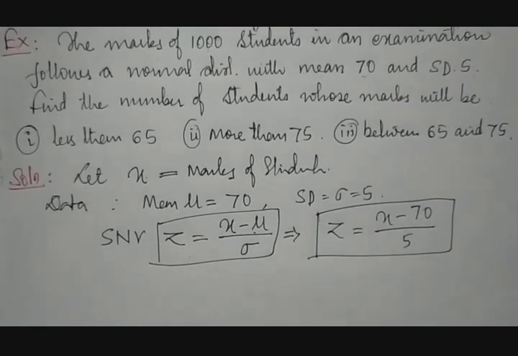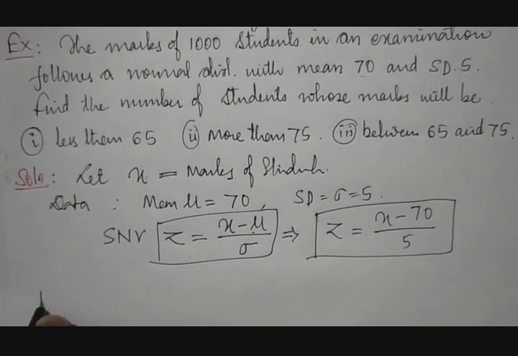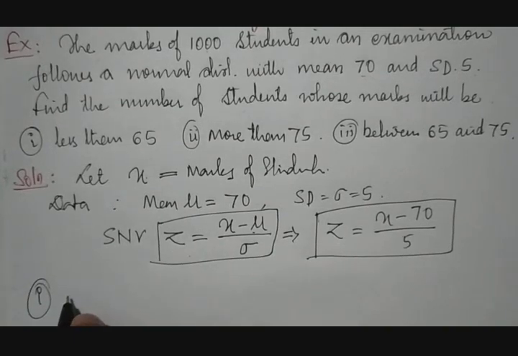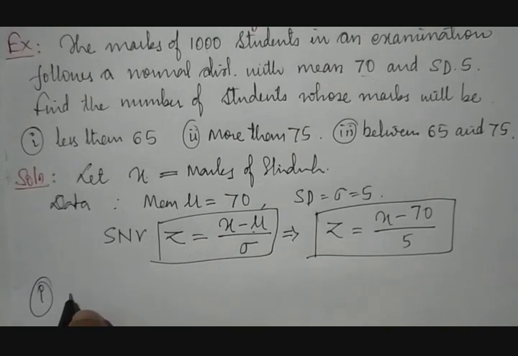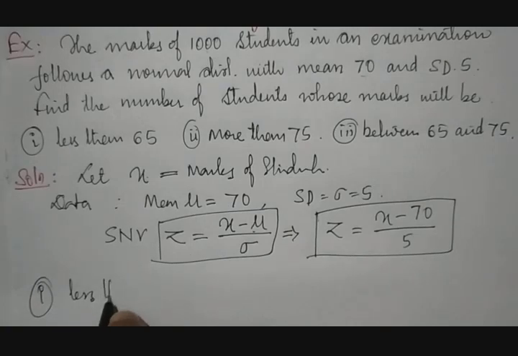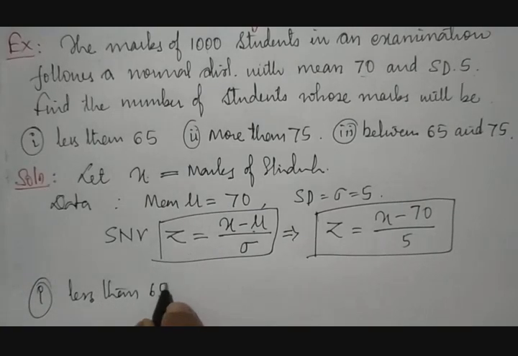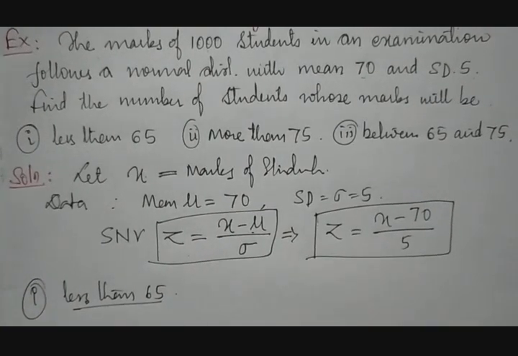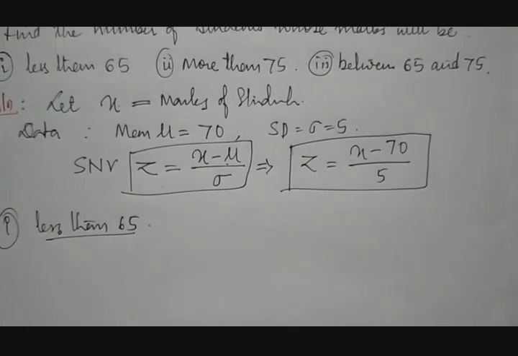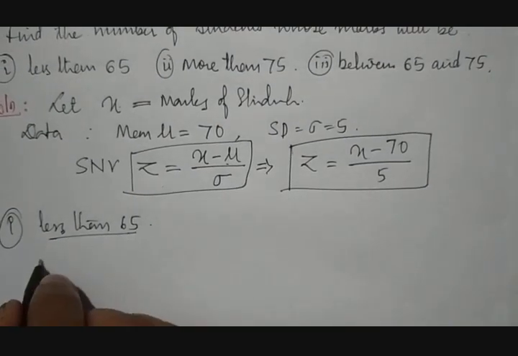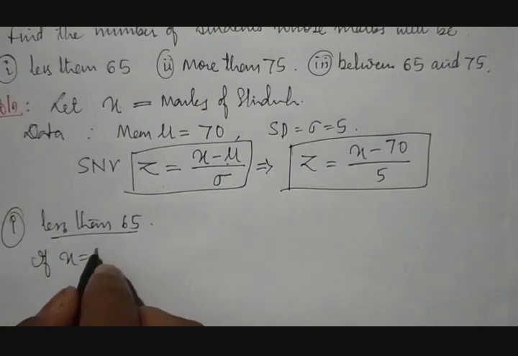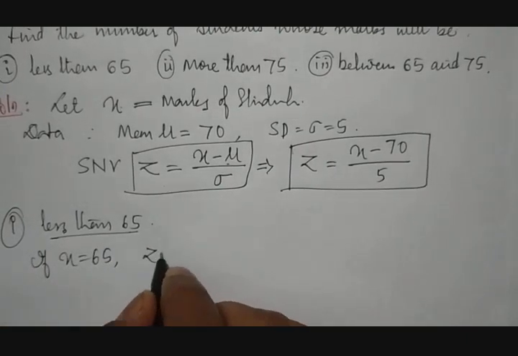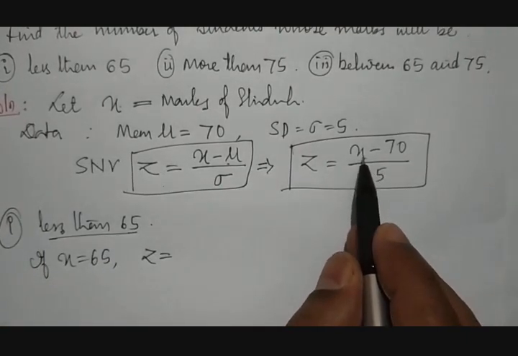Fine. So here we take the first case. As per the first case, what we are going to calculate is the marks scored will be less than 65. Means I take x is equal to 65. If x is equal to 65, then what is z? Substitute this x equal to 65.